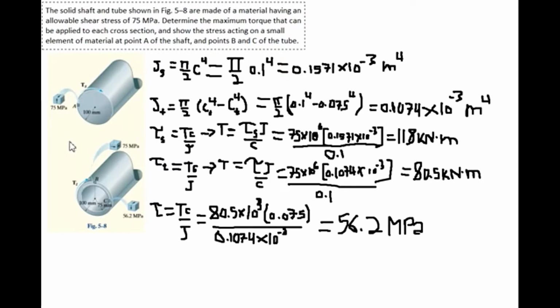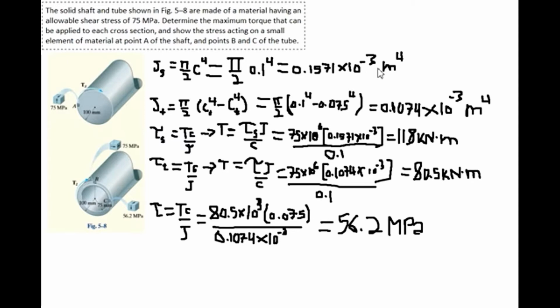So, in order to first start this problem, we're going to start with the polar moment of inertia equation in which J equals pi over 2 times c to the power of 4, in which c is the radius. So, doing this, we're going to have pi over 2 times 0.1 to the power of 4 equals 0.1571 times 10 to the negative 3 meters to the fourth.